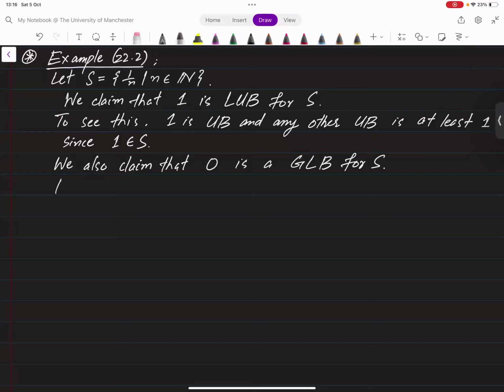First, 0 is a lower bound. And let L be another lower bound for S.